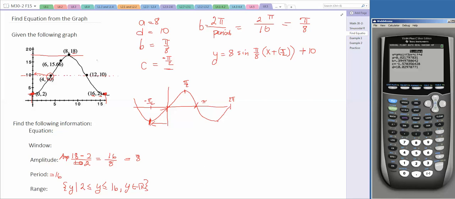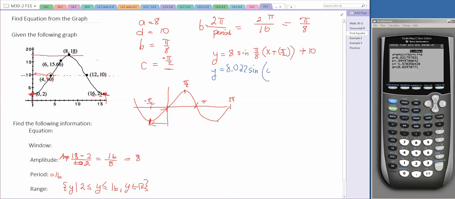What exactly is pi over 8? So let's write this equation down from the calculator, and I'll put the equation from the calculator in a different color. I'll put it into blue. So we have y is equal to 8.022 times the sine of, and our b value, remember the b is inside here.